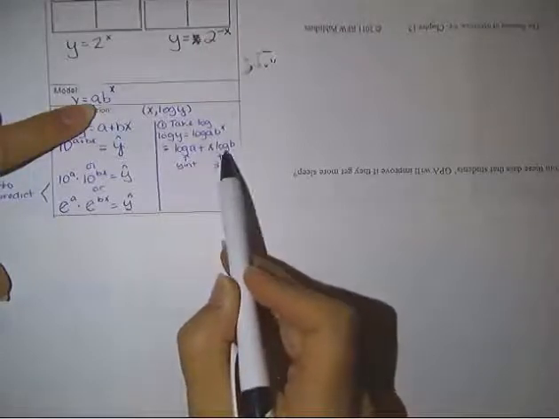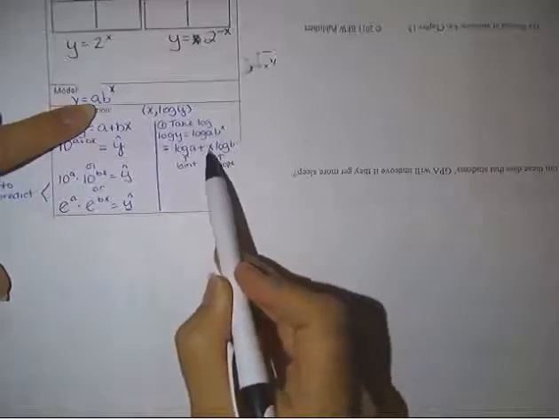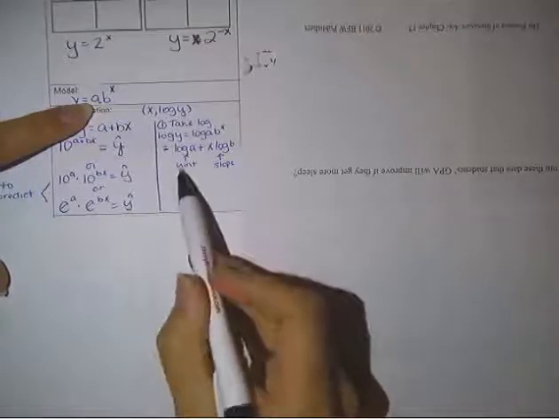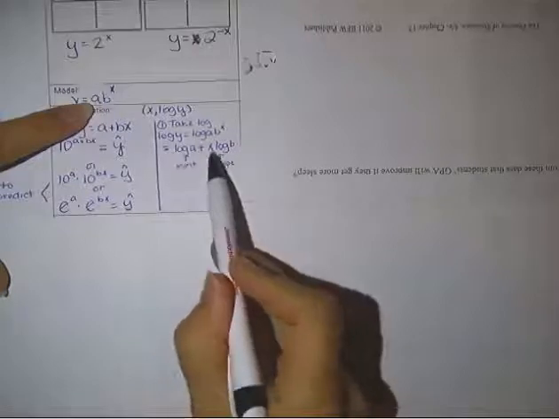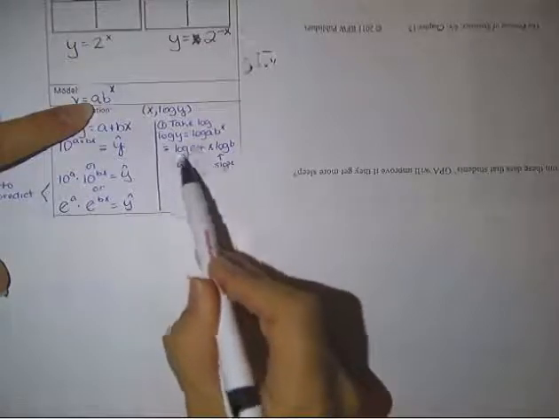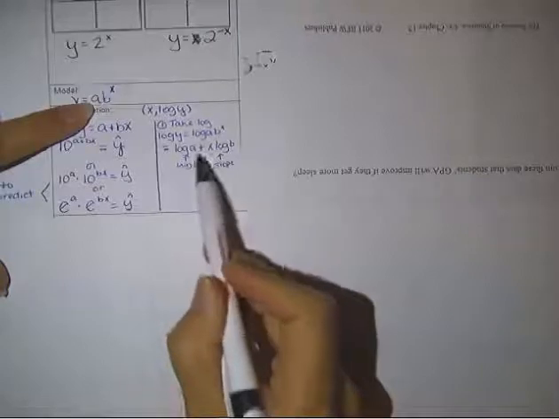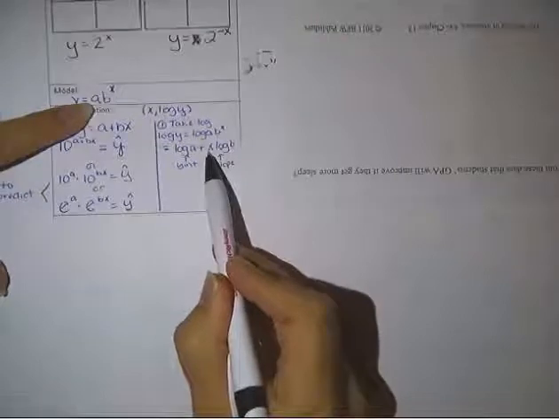And here I've taken the exponent from b to the x and brought it to the front. Now look, we have somewhat of a linear relationship. This is a constant, and when x is 0, this is going to be the constant. So this value, the log of a, is our y-intercept. This is our little a here. And the number that's multiplied by x, the log of b, is now our slope.